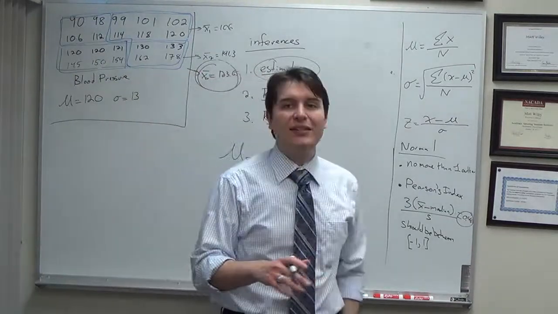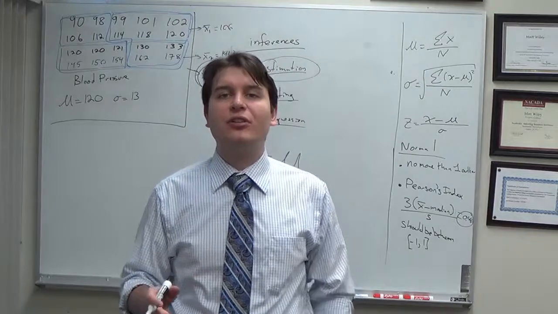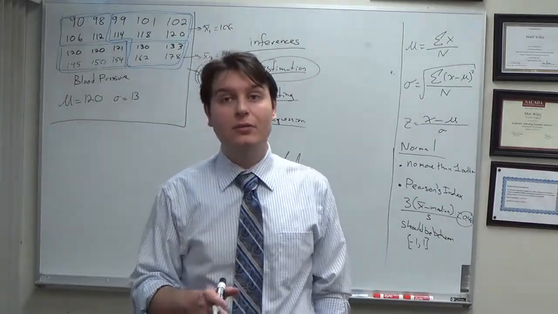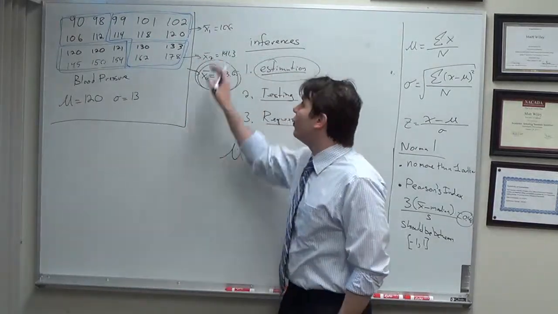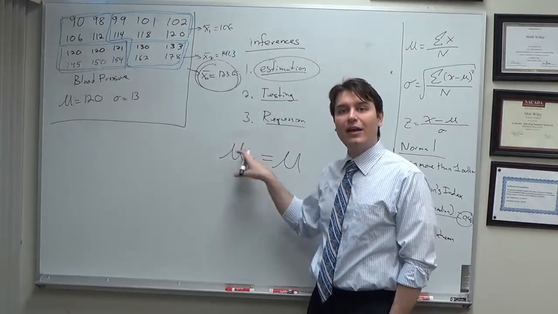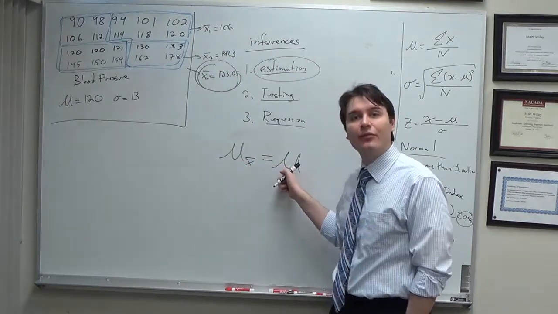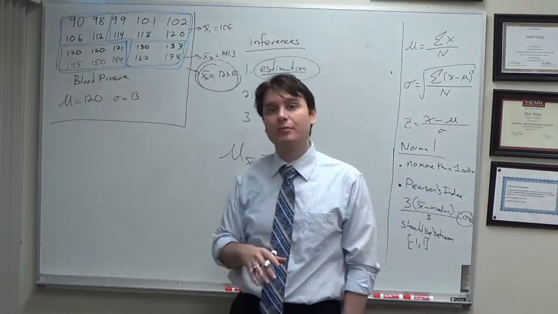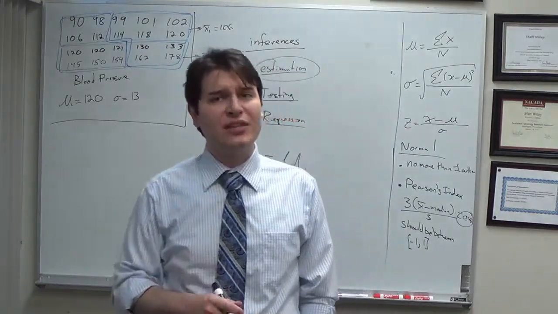This is an aspect that is essentially called the central limit theorem. And it says that once you get enough samples, if you average the averages, that's the same thing as averaging all the individual pieces. It's a very interesting idea.